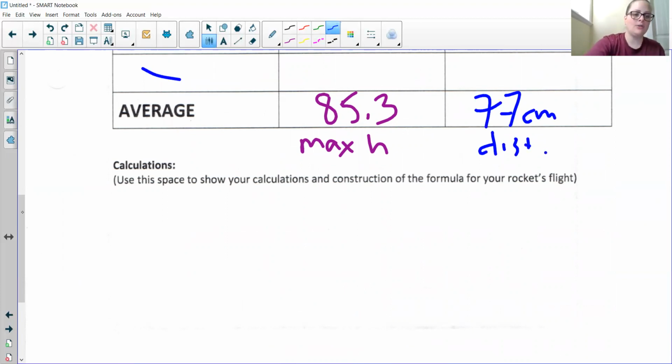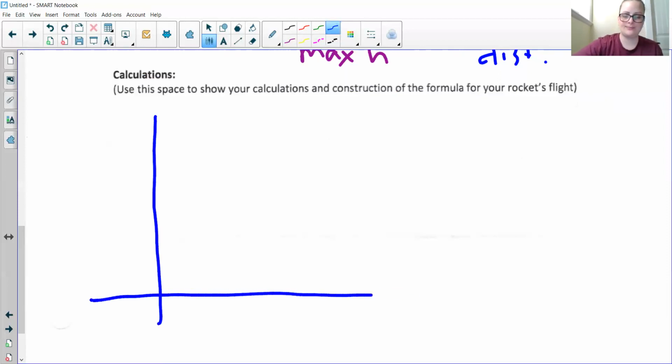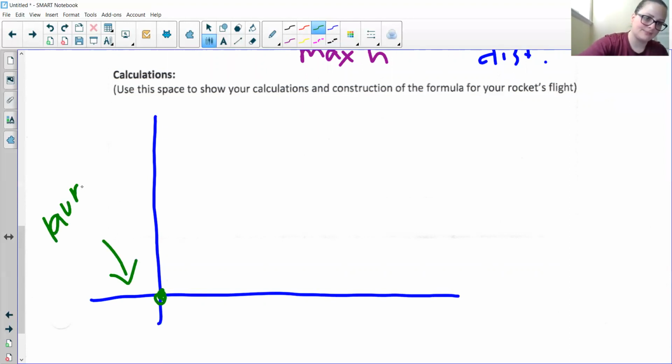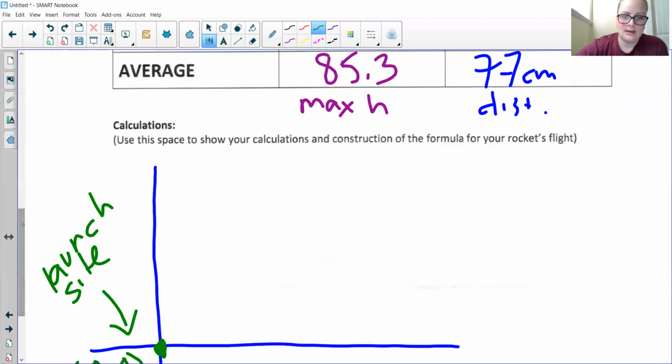Okay, so if you were to put this on a plot, your origin is your launch site. The coordinates for your launch site happen at 0, 0. You know you went up to a max height of 85.3.